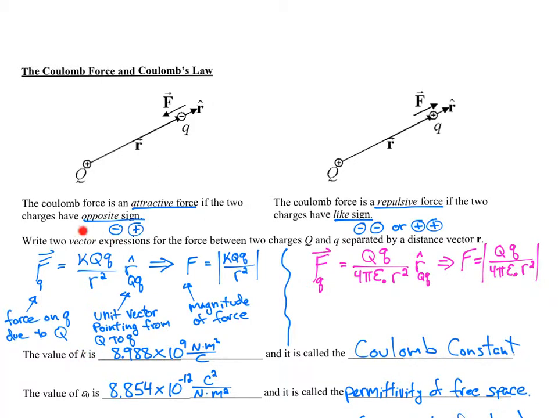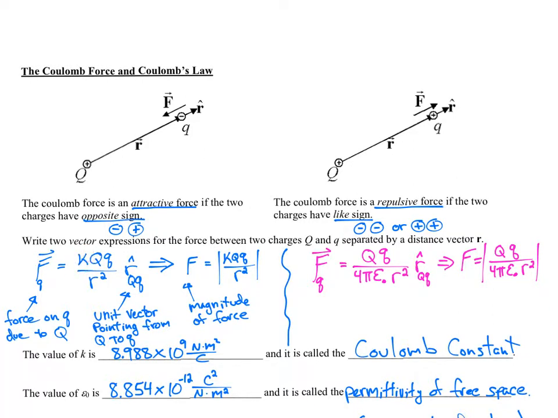And the reason this equation is a little bit easier to use is because there's less stuff to type into your calculator. You only have to put k in once and it's on the top. Here, you have to put a 4, you have to put a pi, and you have to put an epsilon naught, and they're all on the bottom. We will be using epsilon naught for plenty of other things here, but for Coulomb's law, it's easier to use Coulomb's constant.